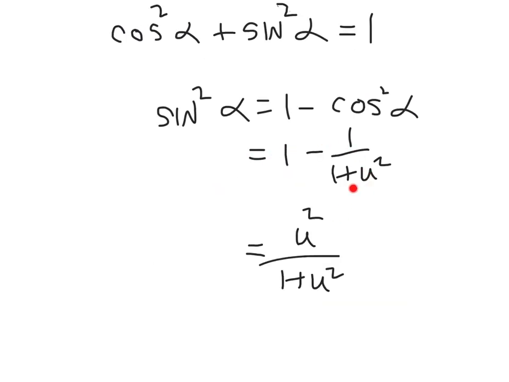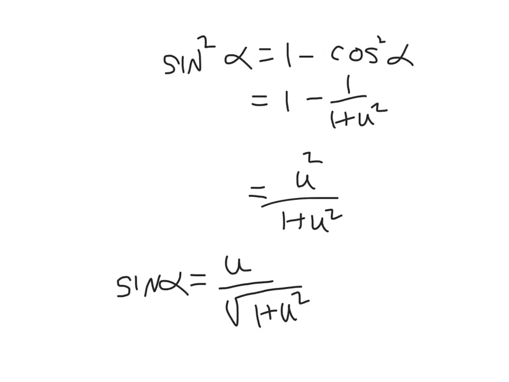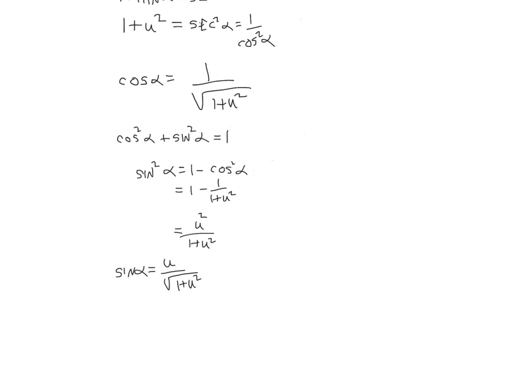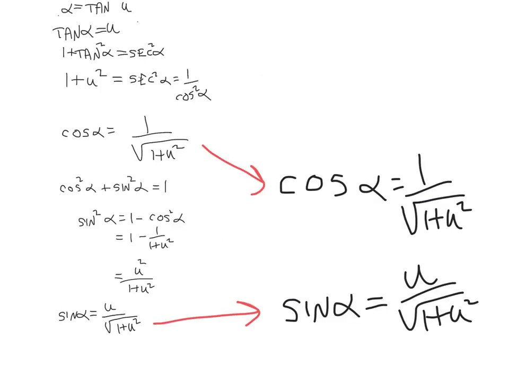Making a common denominator, we end up with this right here for sine squared alpha. Taking the square root to get sine alpha, we have sine alpha. Now remember that we already knew cosine alpha, so I'm going to summarize those two right here. Okay, so now we have cosine alpha and sine alpha in terms of the variable u.